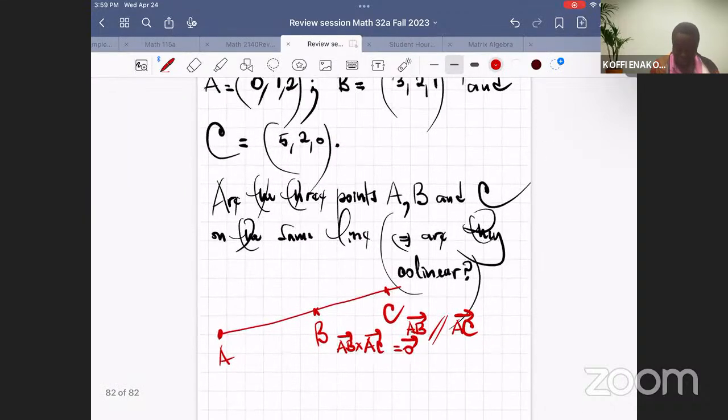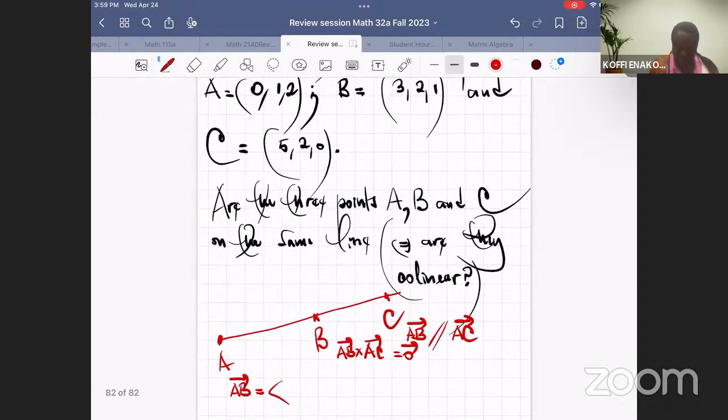So let's find such cross product. The vector AB will have the components 3 minus 0, the second component 2 minus 1, and the third one 1 minus 2, which is 3, 1, negative 1.